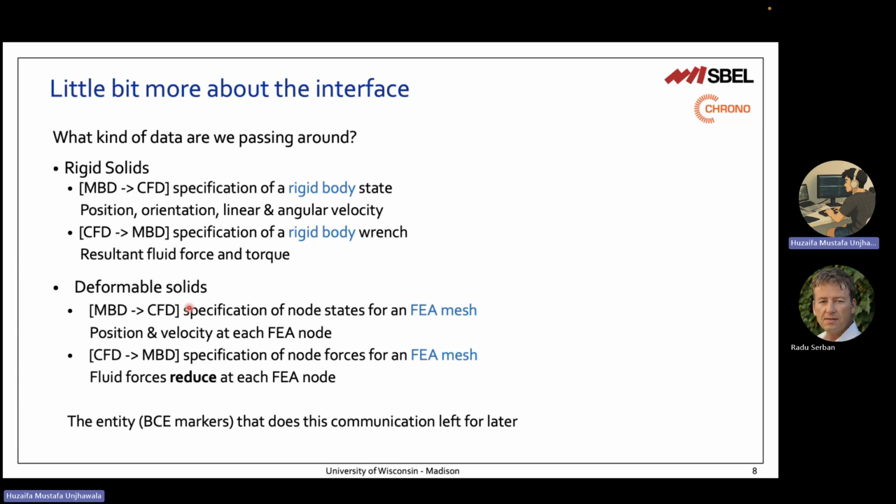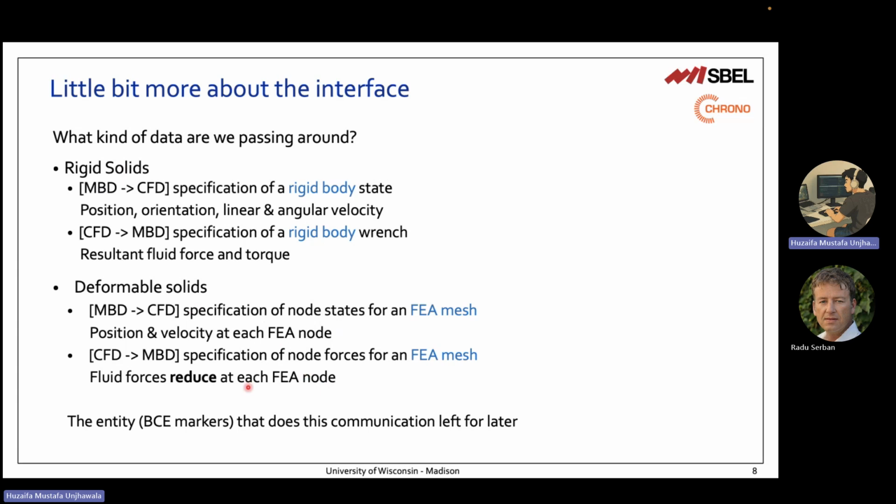For a deformable body, it's a bit more complicated and you have to move around a lot more data, right? Because from the multi-body side to the CFD side, you need to pass each node state of the FEA mesh. That means for each FEA node, you need to pass its position and velocity. And similarly, from the fluid side to the MBD side, you need the force on each of these nodes.